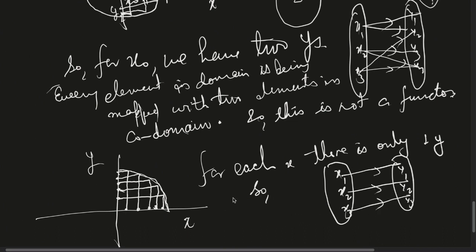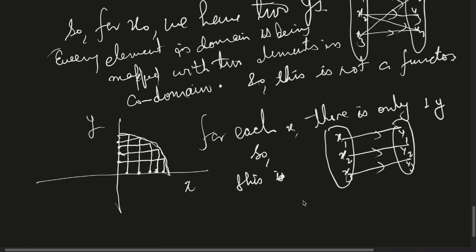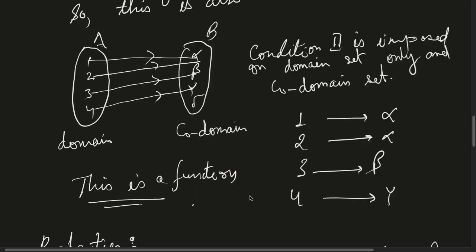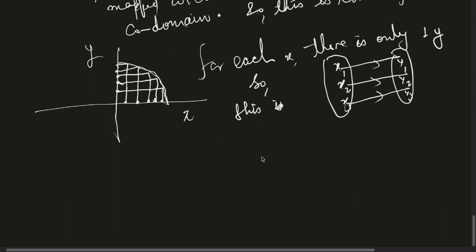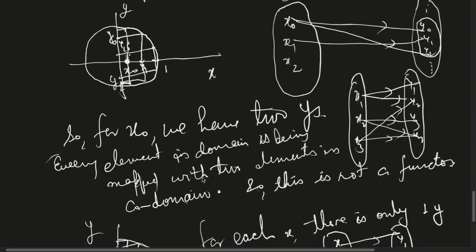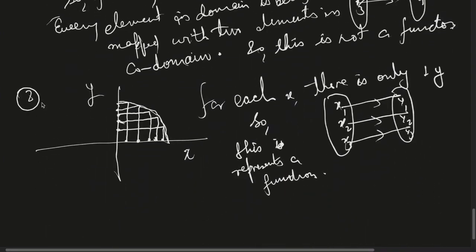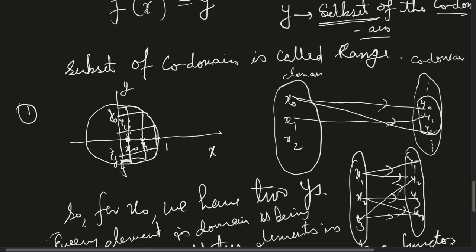So for each x there is only one y. So this graph represents a function. This was example 2. Let us say this as 1.